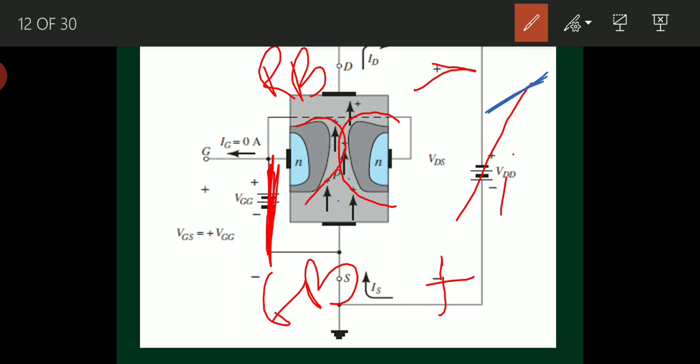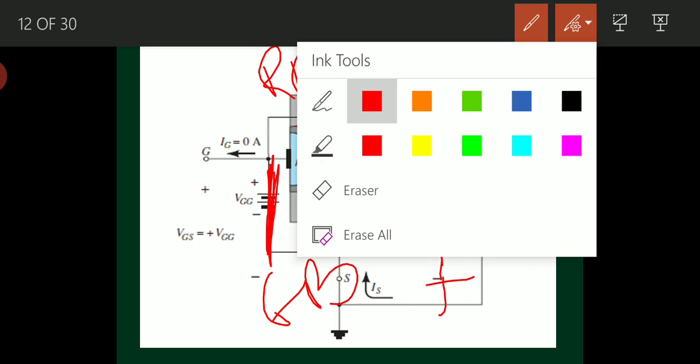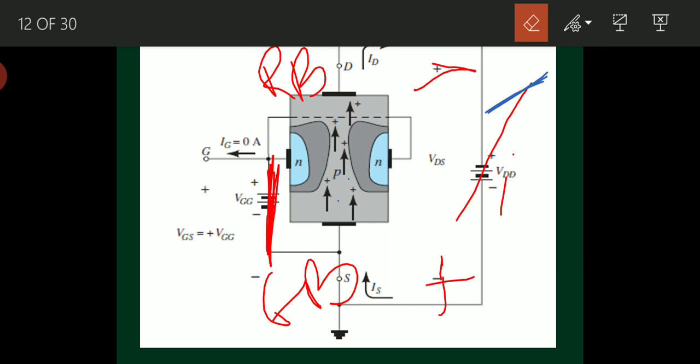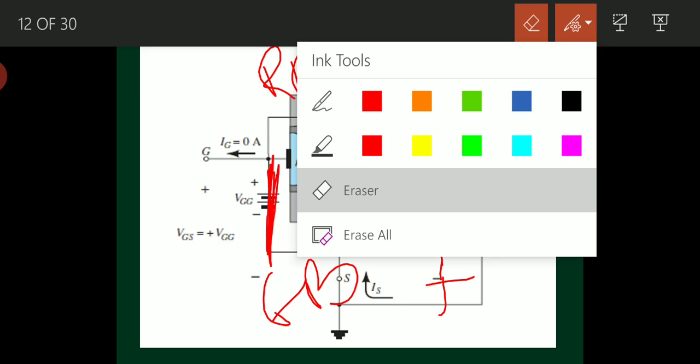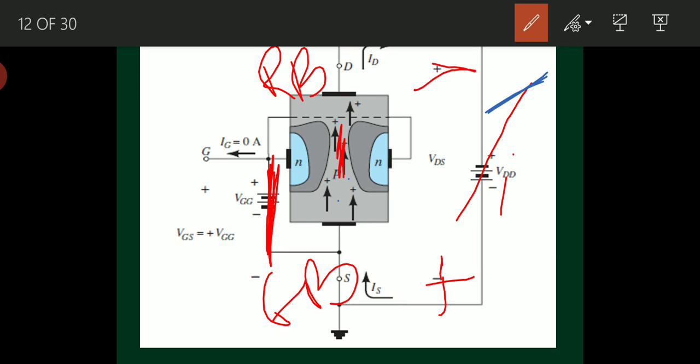The space here becomes narrow. They want to touch each other, right? But they can't touch. There is still a little space for charge carriers to move from the source terminal to the drain terminal.